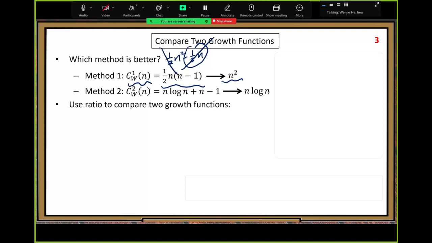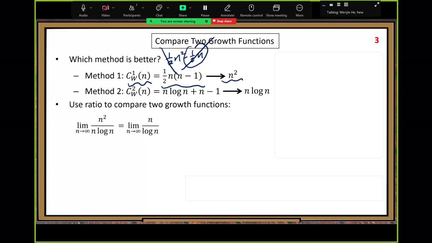All right? Use the ratio to compare 2 growth functions. Limit of the ratio. Okay, so n squared over n log n. We take the limit when n goes to infinity. Then we do cancellation. Common factor n, numerator, denominator, we do cancellation.